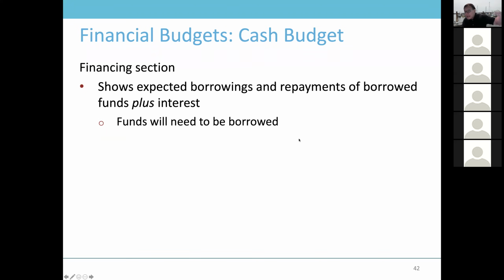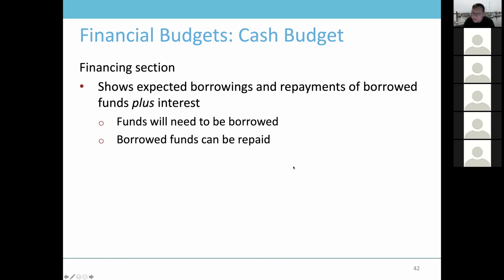And of course, the financing section. When you borrow money, you have a cash inflow from the bank. When you repay the loan, you have a cash outflow to the bank. If you believe that you are in a deficiency in terms of the cash balance, or you are under the targeted cash balance, then the appropriate action is to borrow money right away.